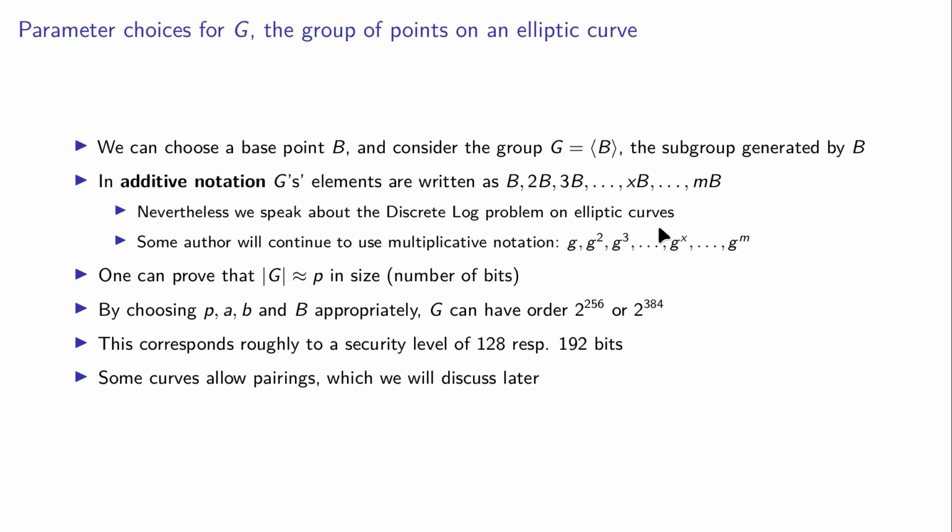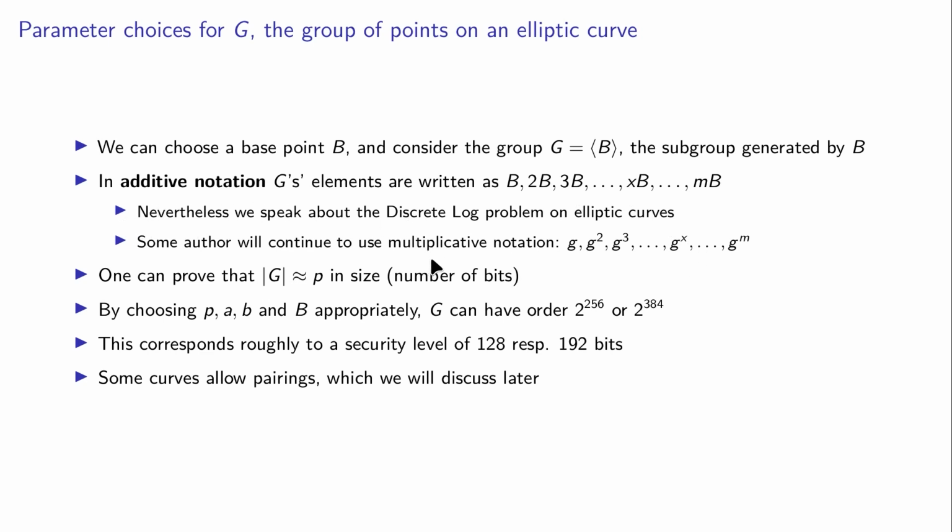Anyway, this is not what people say. There are even people that continue to use the multiplicative notation when talking about elliptic curves. I am one of them because I worked so many years with multiplicative groups that for me it's hard to go back to the additive notation.